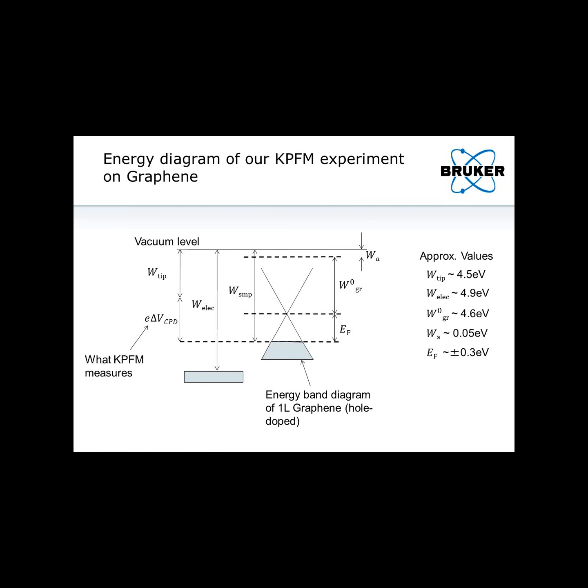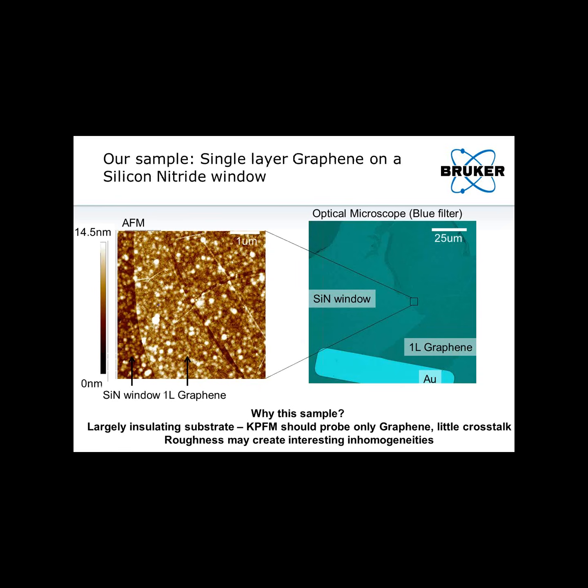Oh, and these are the approximate values for all of these quantities that I'm showing here. So let me go into the sample that we studied. On the right, you will see an optical image of the sample. We focused on a very small region in the sample where I found some very interesting features that were small enough to test the resolution of our technique.